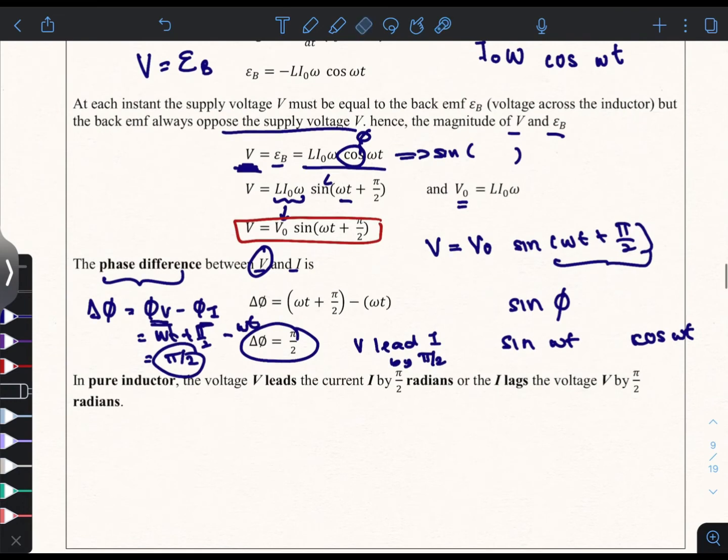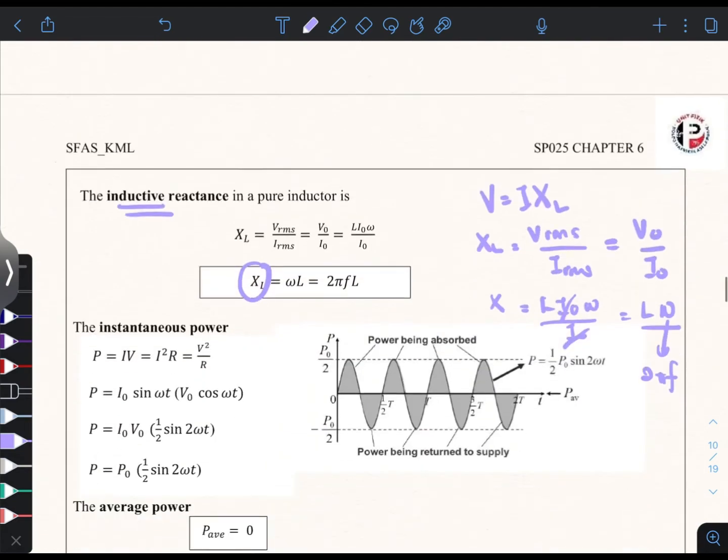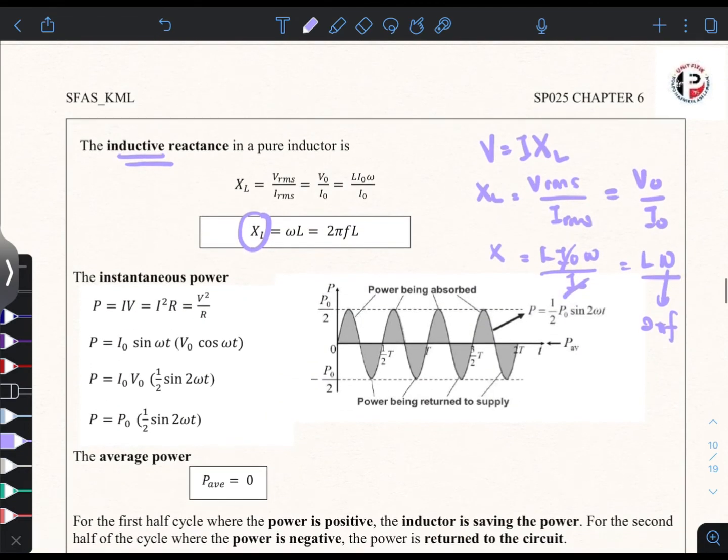Sebelum kita tukar dia pergi sin, dia adalah yang cos ini. Okay, ini kan V0 tadi. So dia adalah sebenarnya V0 cos omega T.